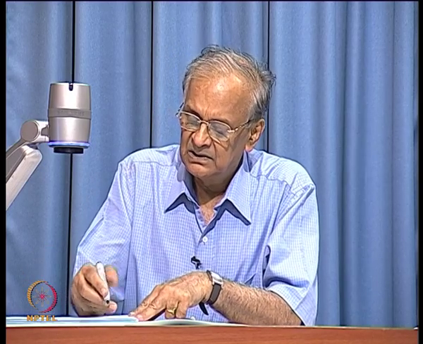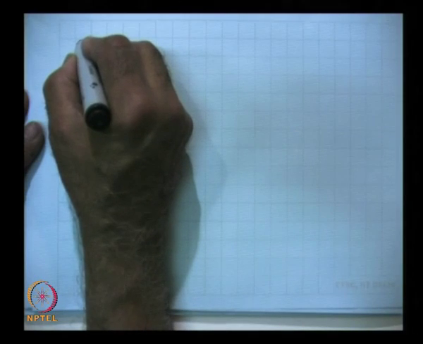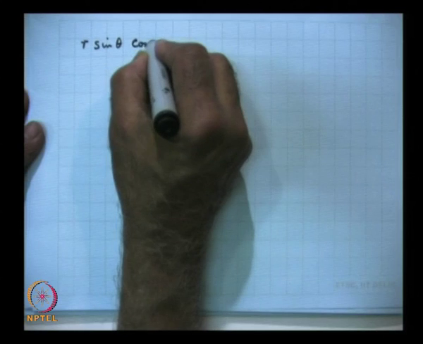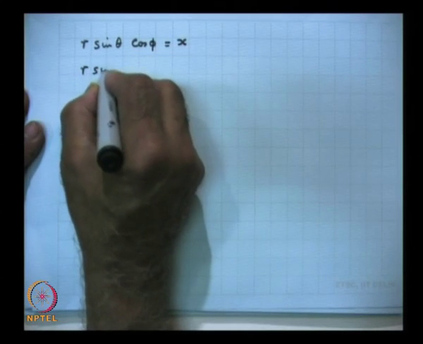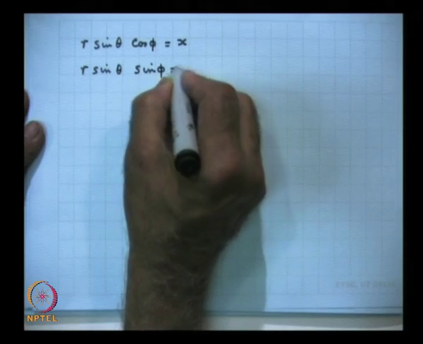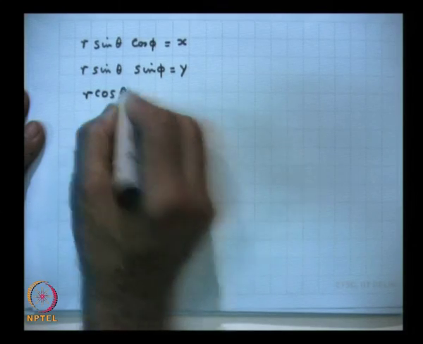As we had said, the spherical polar coordinates were defined as r sin theta cos phi equal to x, r sin theta sin phi equal to y, and r cos theta equal to z.